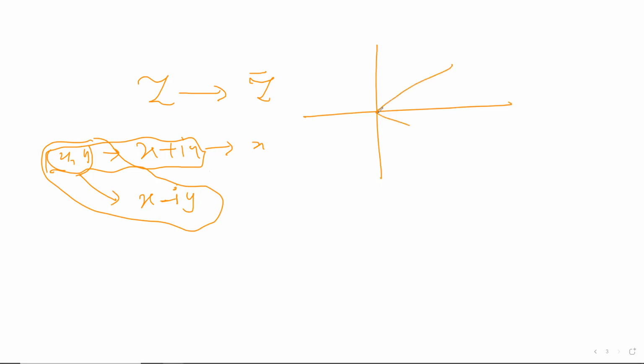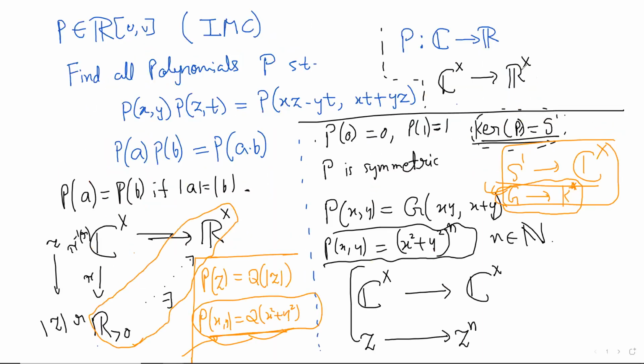If you see the conjugate function, z going to z conjugate, it reverses orientation, right? You move like this, but the conjugate function moves like this. So in that sense it's a bad function. So it's not holomorphic, and so I did not consider it. But in fact, it was a nice thing to consider, because it's still a group homomorphism and everything.